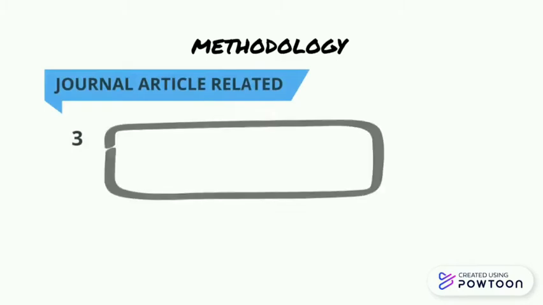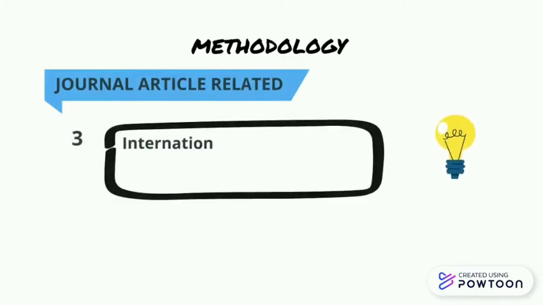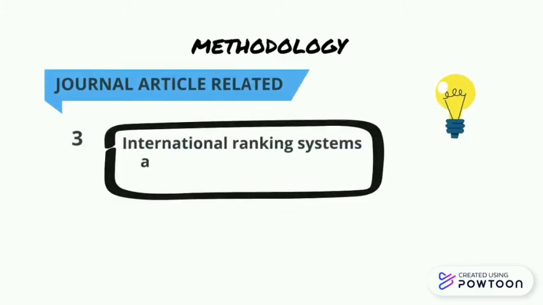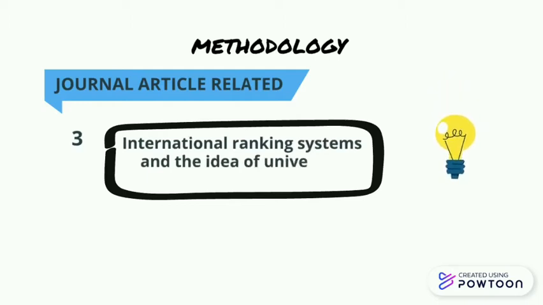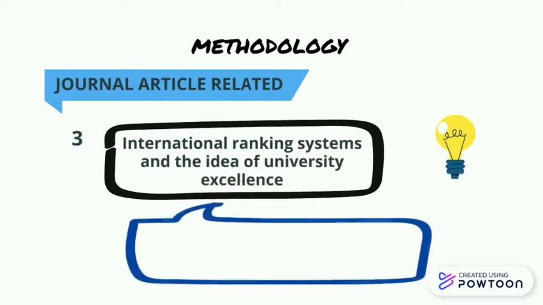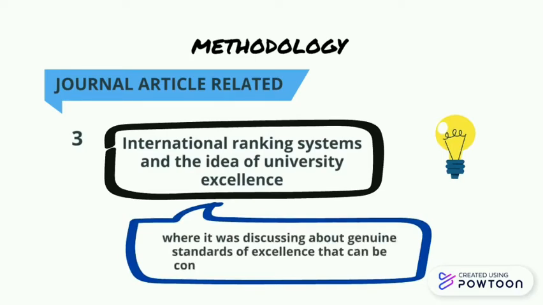The third journal article is International Ranking Systems and the Idea of University Excellence, where it was discussing genuine standards of excellence that can be confused with mere symptoms.